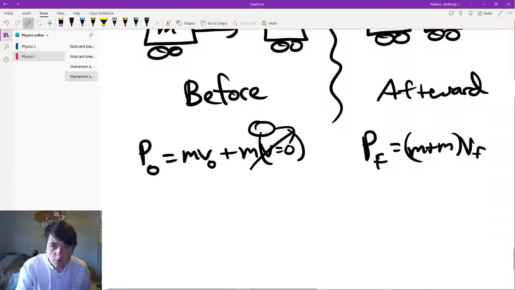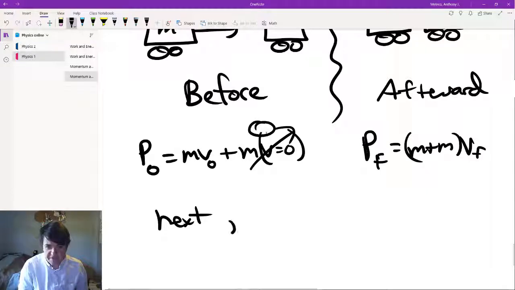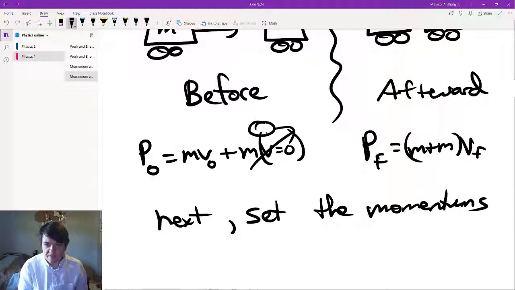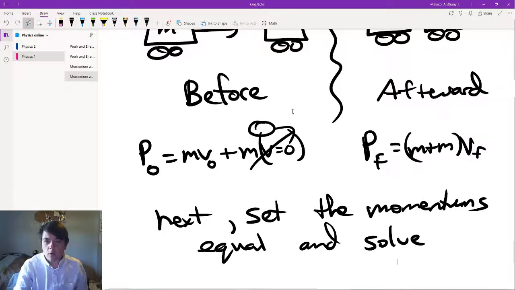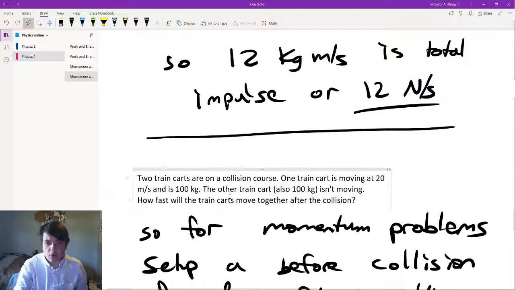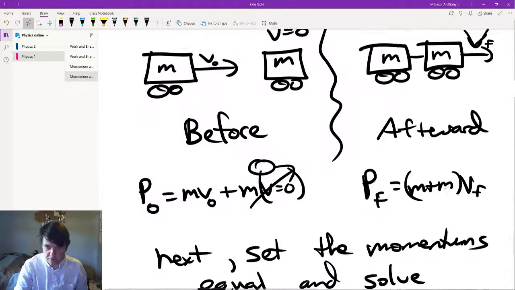So what we then do next, set the momentums equal and solve. And we're actually solving in this problem, how fast will the train carts move together after the collision.